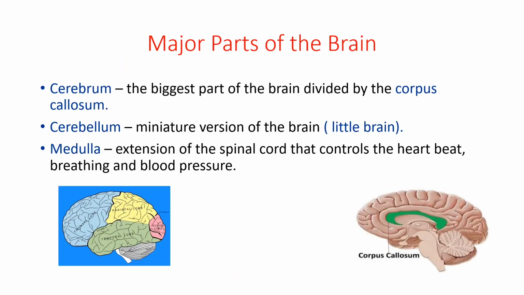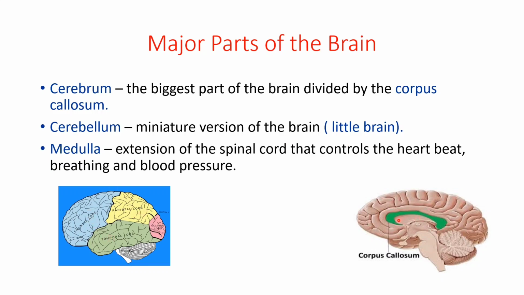Now let us proceed with the major parts of the brain. First, we have the cerebrum. It is the biggest part of the brain, divided by the corpus callosum. So, in this figure, itong buong to, okay, yung pinakamalaking part na yan, pag dinivide natin, magkakaroon ng left and right hemisphere, ito yung cerebrum, the biggest part of the brain.